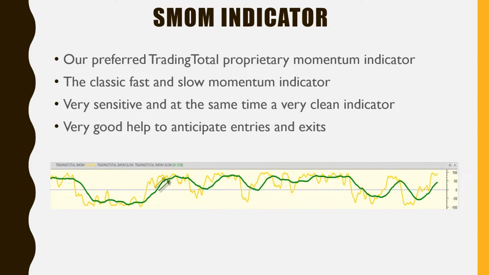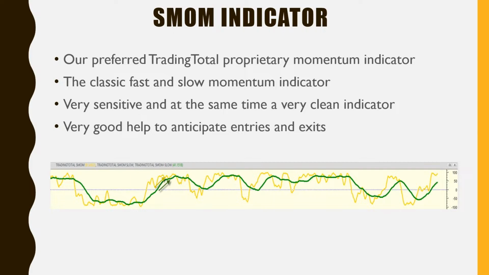It's a double plot indicator showing short-term and long-term momentum, short-term in gold color and long-term in green color. Its momentum has an excellent balance between reactivity and cleanness, okay? It's a very clean indicator and at the same time reactive enough, we can say.